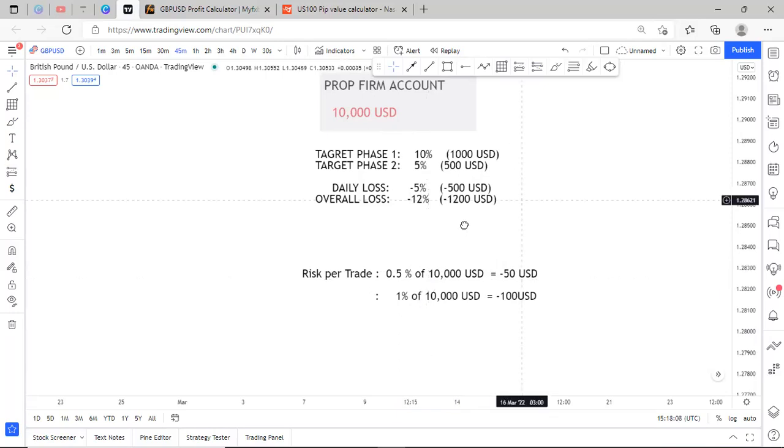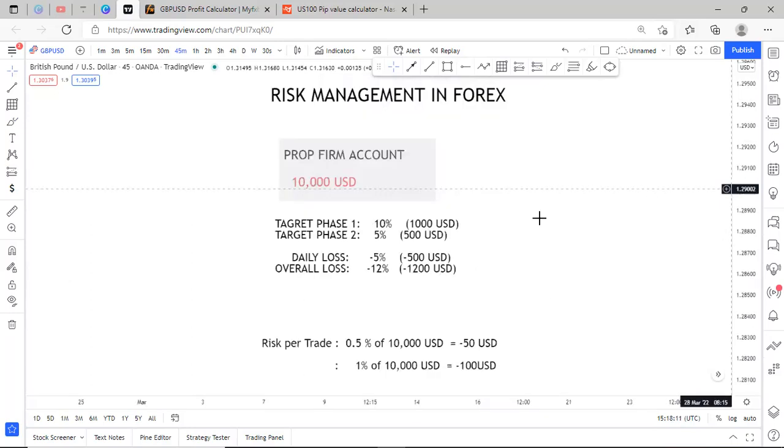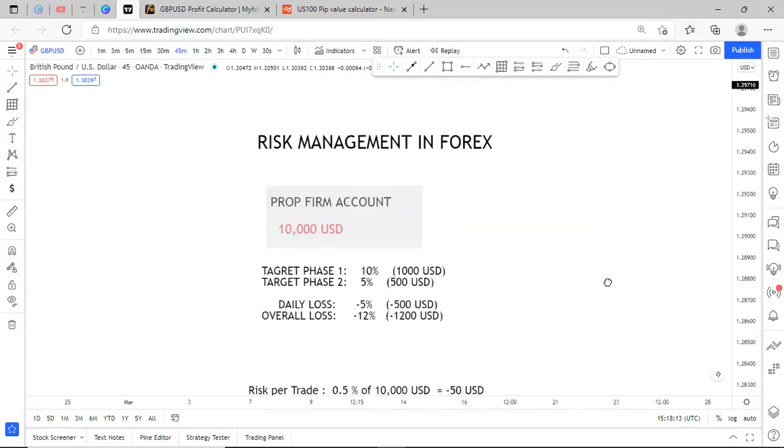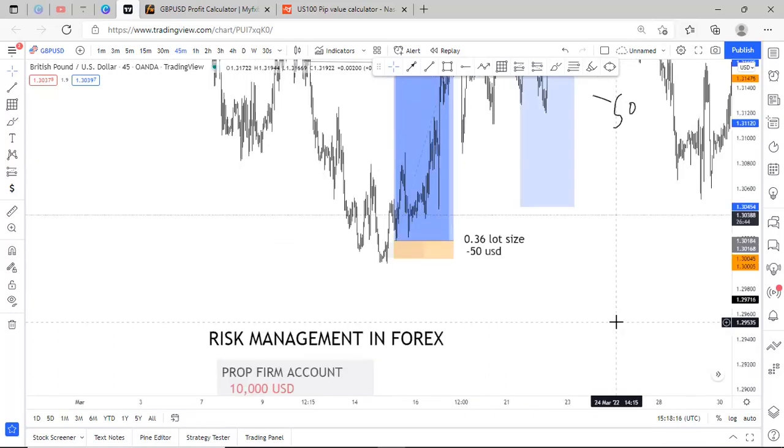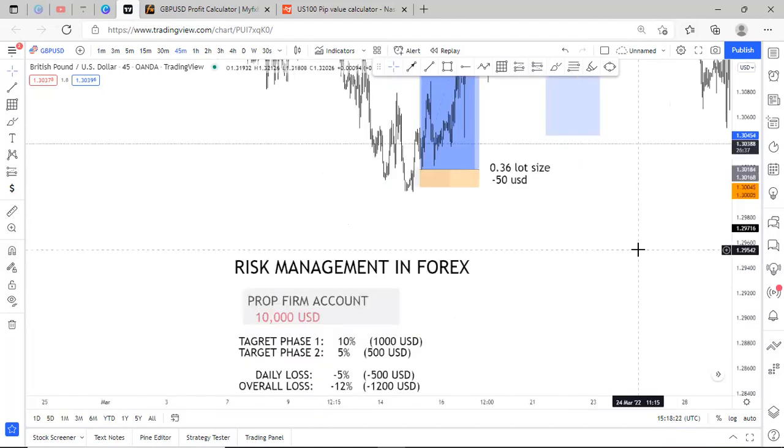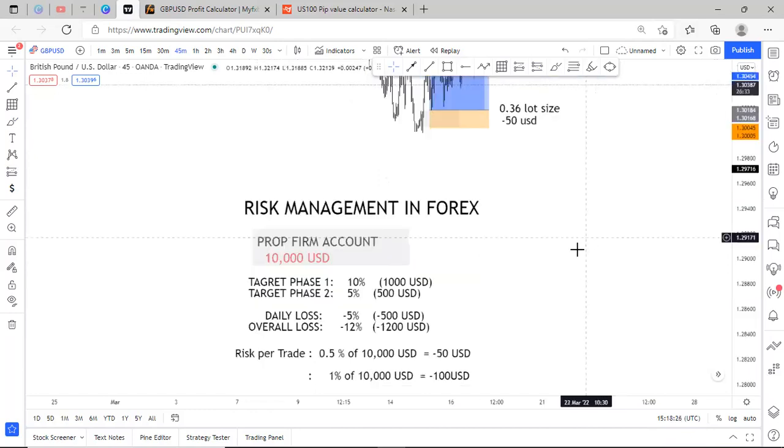Also, control yourself not to take too many trades in a day or in a week. Always make sure you are waiting for confirmation entries before you take your trade, either buy or sell trade. Always wait for confirmation. This will give you room to have more profitable trades than you will have losing trades.